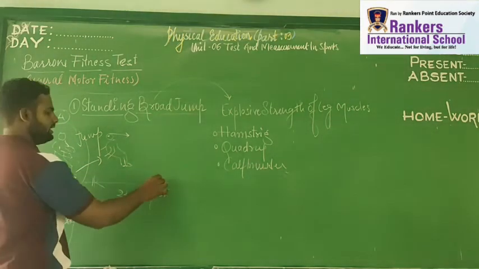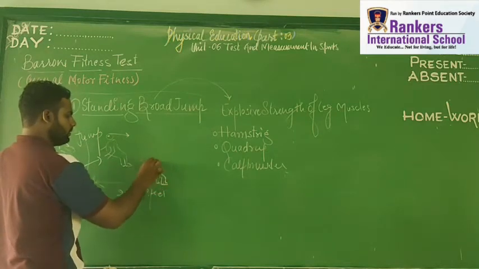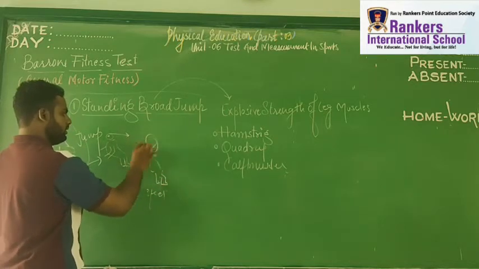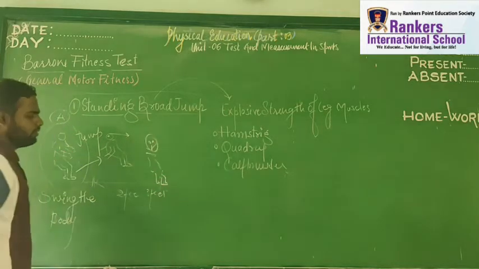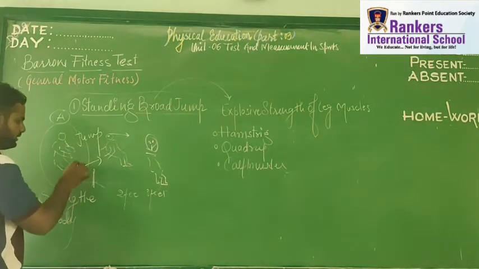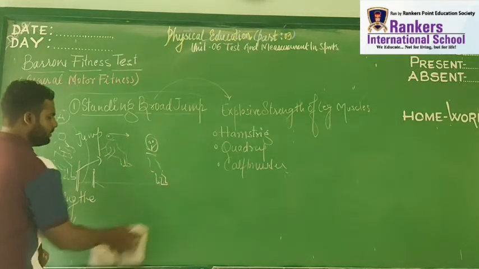Let's say he stopped here. Let's say this is the ball. We will measure the distance from the starting point to here. Let's say the distance covered is 3 feet.